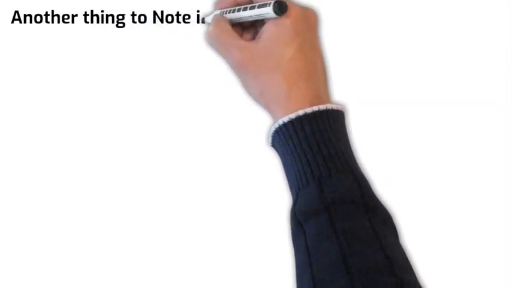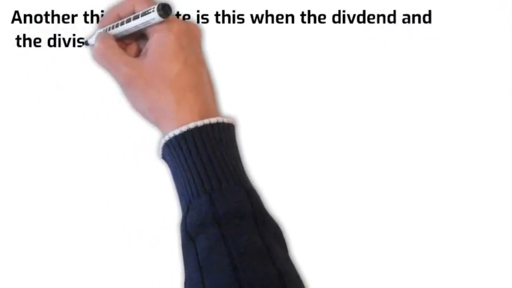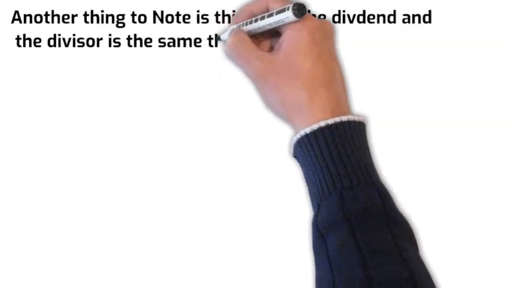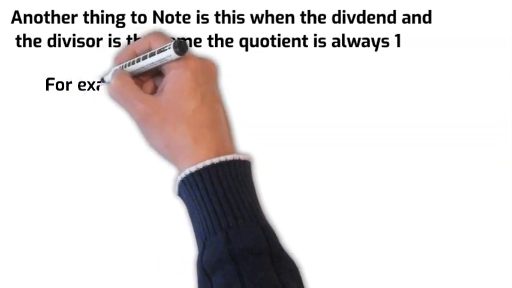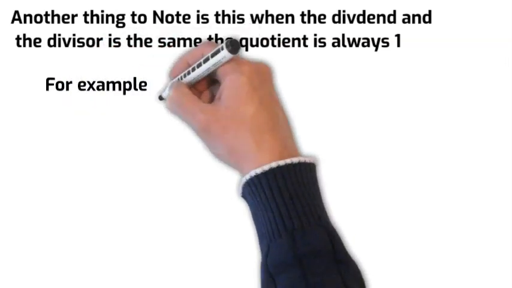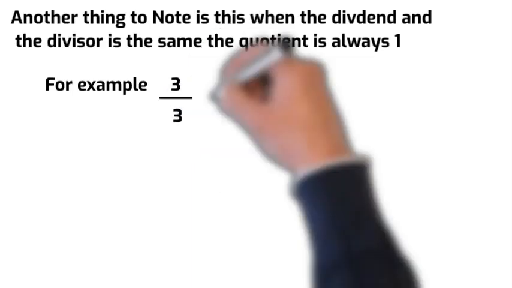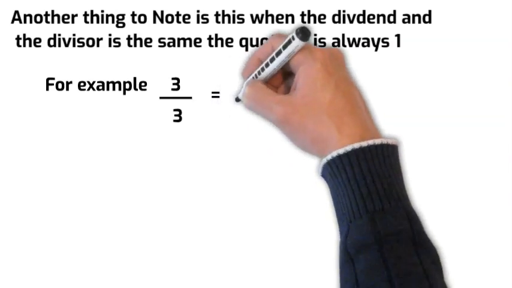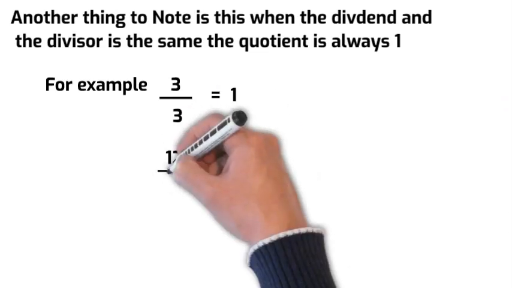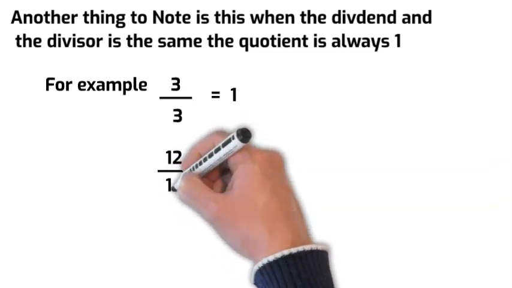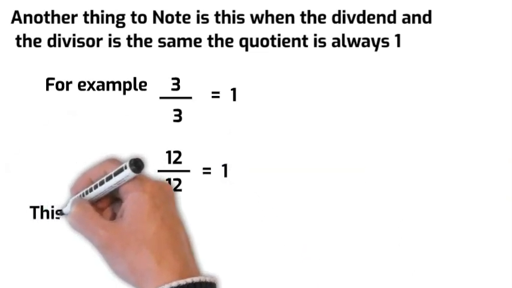Another thing to note is this: when the dividend and the divisor are the same, the quotient is always 1. For example, 3 divided by 3 is equal to 1. 12 divided by 12 is equal to 1.